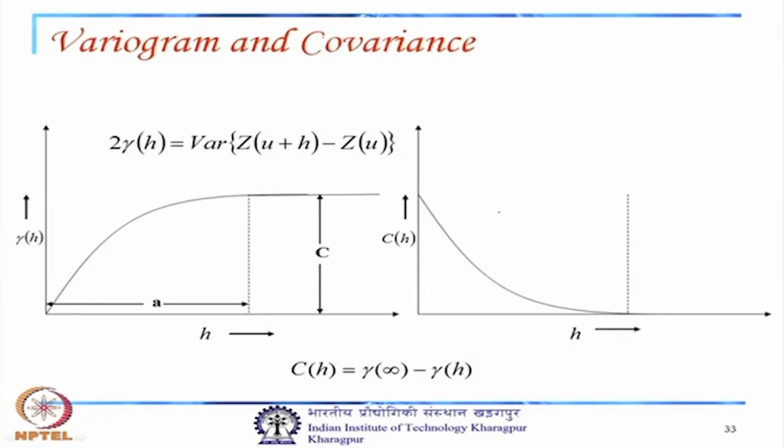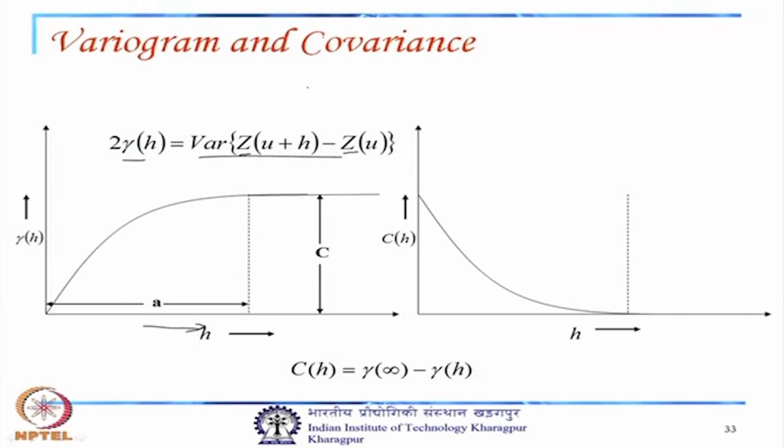So, the variogram is an important thing. It basically gives some idea about the spatial variability of any attribute. Here h is the lag distance between two different spatial points, and this is the variogram value. The variogram is calculated as half of the variance between Z(u plus h) and Z(u), where Z is any particular attribute.